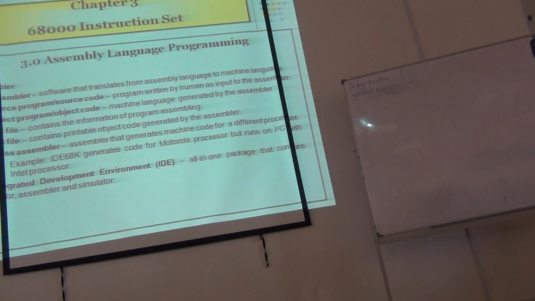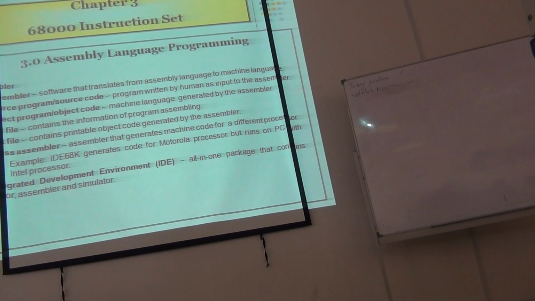An assembler is the software that translates the language from assembly to the machine language. The compiler, they call it also. The assembler, they call it also. Same thing. The function is to convert or translate the language that you are using to the machine language.